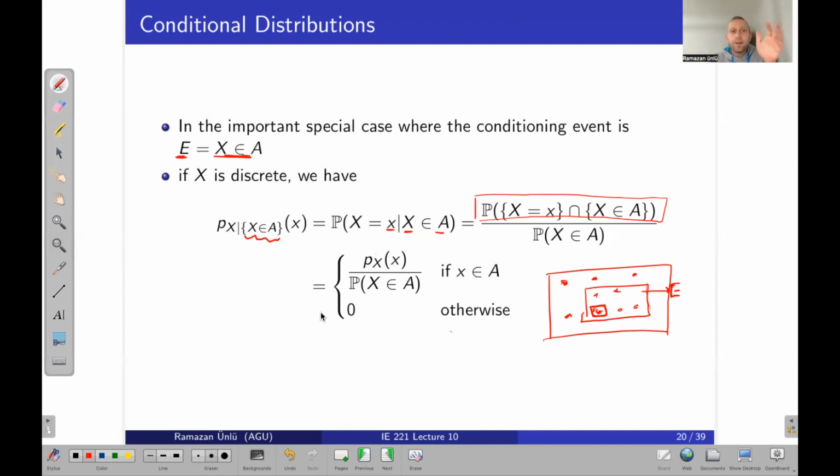As I said, if the conditioned event and x take values from the same set of numbers, things are much easier to calculate, because in this case the intersection of x and that event will be x, and I will just scale that term by the conditioned event. So this is how I can calculate the conditional probability.